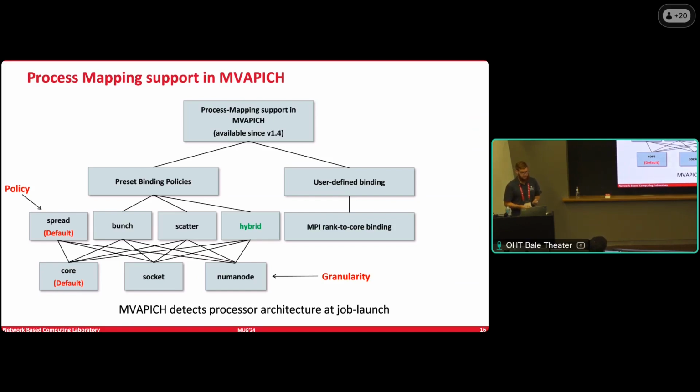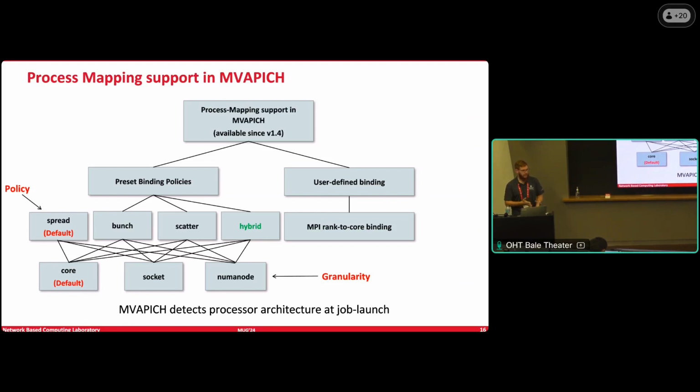So our default policy is going to be a spread policy, which will essentially allow each of your MPI ranks to take up as many cores as possible based on how many ranks you have assigned to the node, and we're going to bind that at the core level.